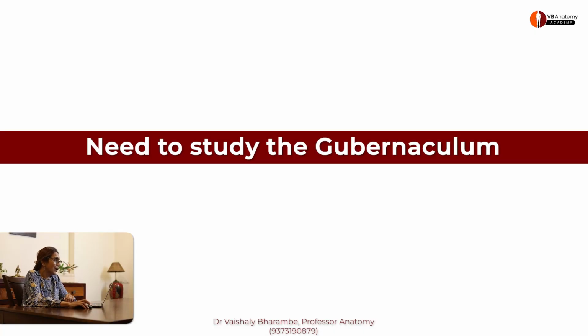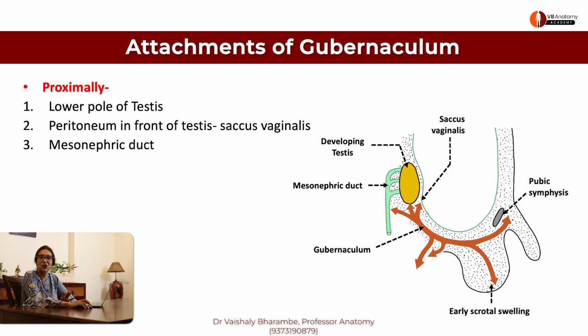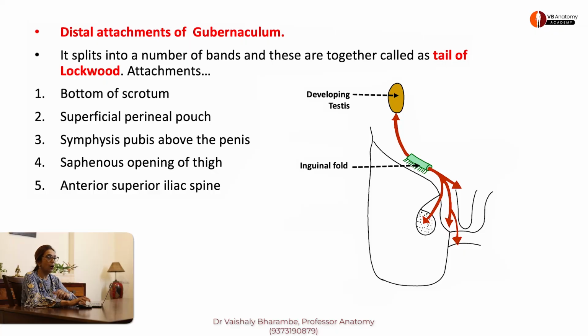Come. So now, before we allow the testes to descend, what is this gubernaculum? This is a fibromuscular band which is attached at the upper end to the testes, to the mesonephric duct, to the overlying saccus vaginalis. As it travels downwards through the inguinal fold, it gets attached to a lot of lower areas by splitting into tails, which are called tails of Lockwood.